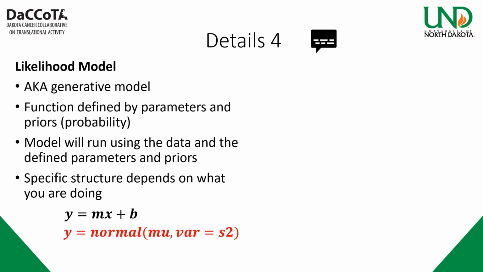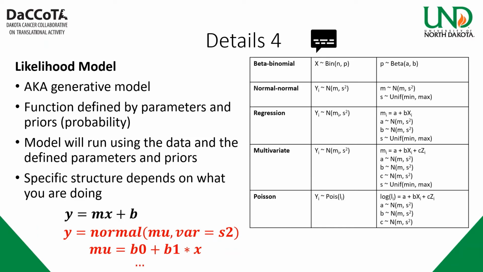But it's actually not quite that simple. Mu is actually a function as well, a function of b0, b1, and x, and then b0 and b1 might also be functions themselves. So likelihood models are functions within functions that help model our data. Here are some common ones and what goes into them.